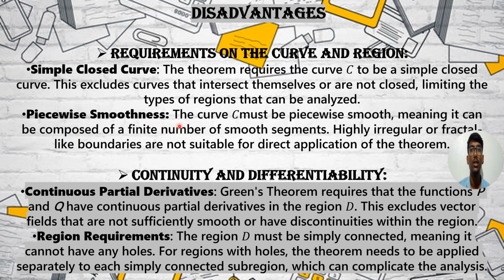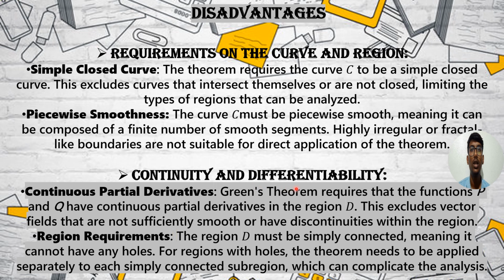Piecewise smoothness: the curve C must be piecewise smooth, meaning it can be composed of a finite number of smooth segments. Highly irregular or fractal-like boundaries are not suitable for direct application of the theorem.